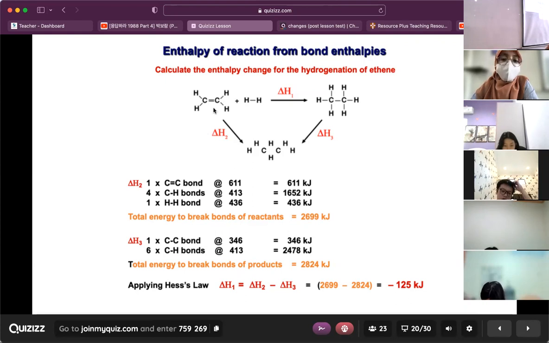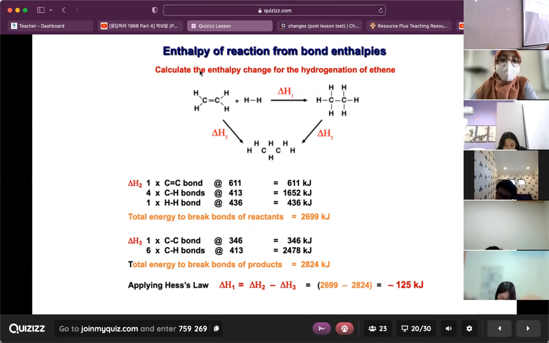If you use C-C single bond, it will be incorrect because the value is different. So that's the important reason why you need to know the chemical formula or the display formula of a substance. Display formula means you have to draw every bond in a compound.